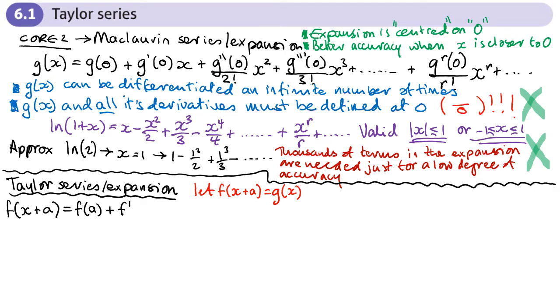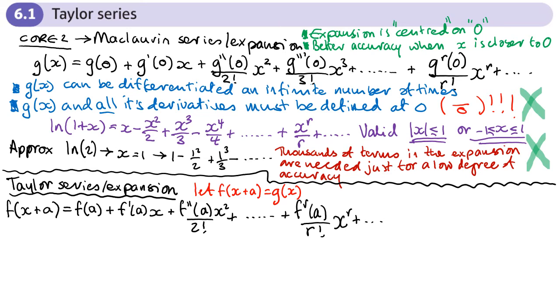Then we'll have the first derivative at a, times x, plus the second derivative at a, x squared, over 2 factorial. So can you see how it looks almost identical? It is in ways identical to the Maclaurin expansion. We go all the way up to the rth derivative at a over r factorial, x to the power r.